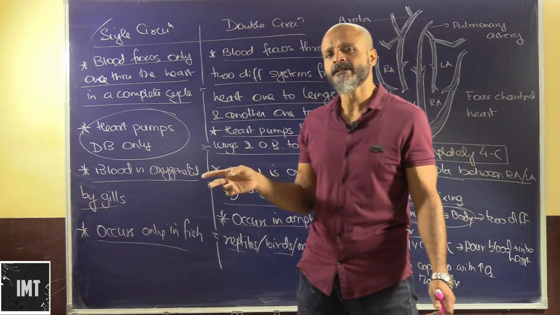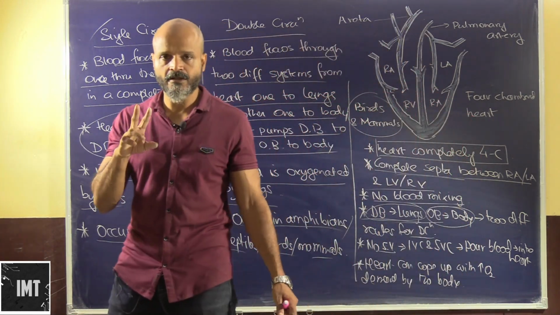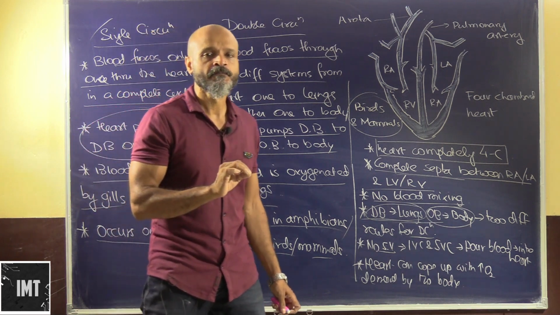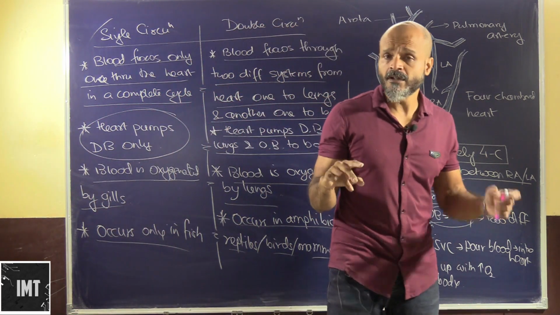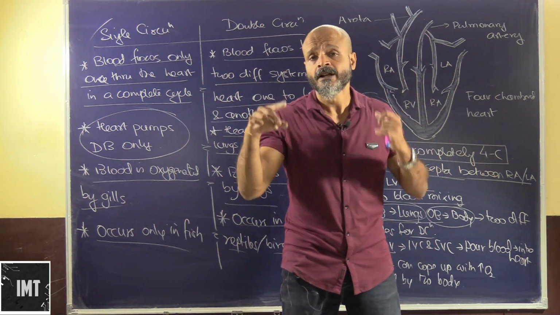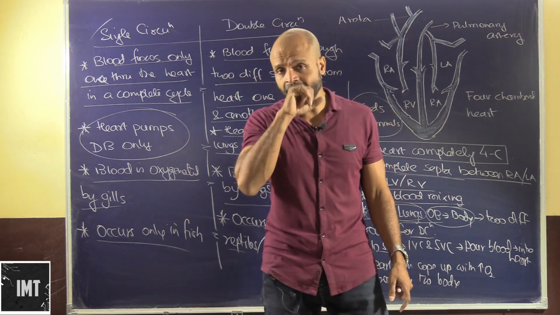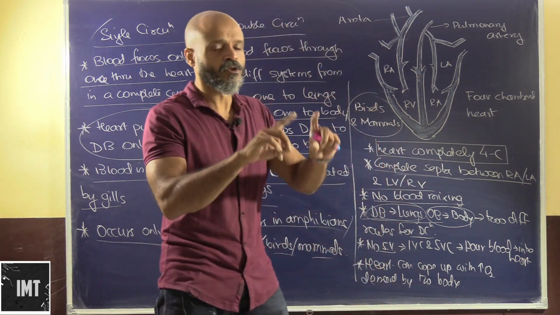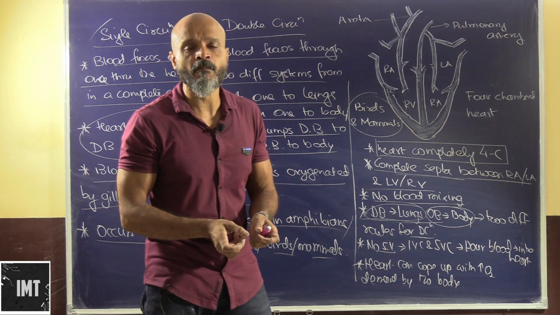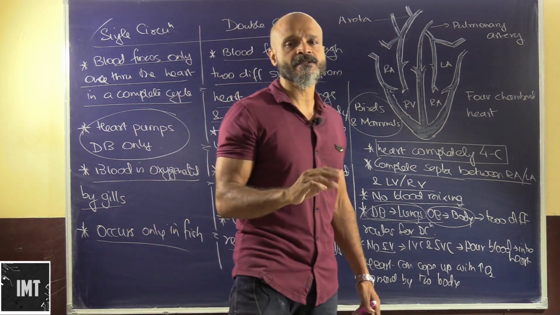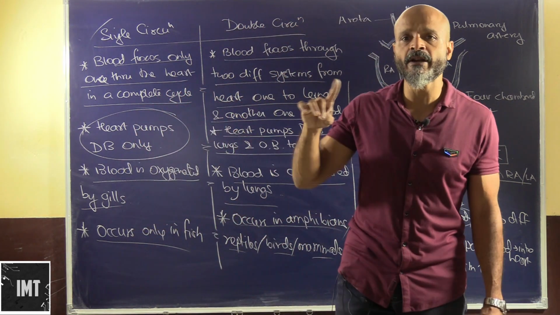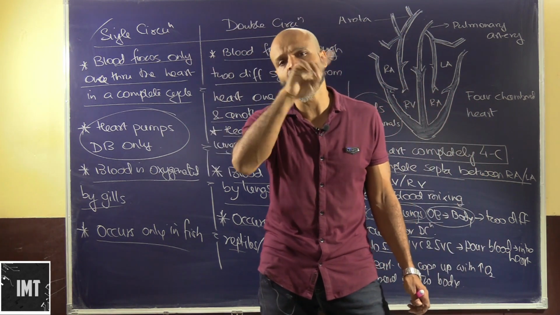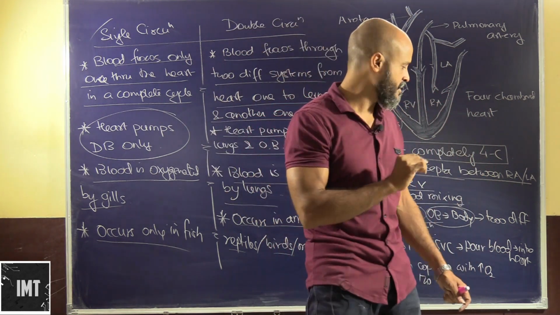In reptiles, the sinus venosus gets reduced, and the truncus arteriosus now gets divided into 3 systemic arcs. The 2 systemic arcs basically form the aorta, the main aorta, which is supplying blood to various organs of the body, and we have one pulmonary arc which is carrying the deoxygenated blood to the lungs.